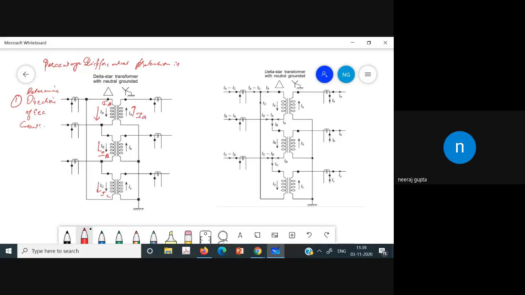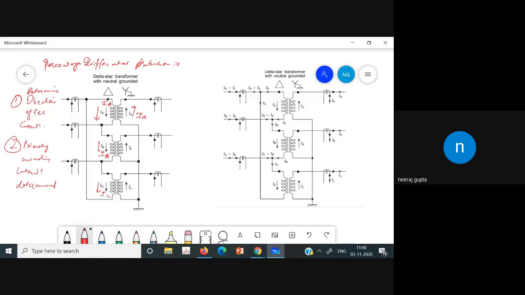Now we can write that the primary winding currents are determined. So first we have the secondary winding current, then we will have the primary winding current.